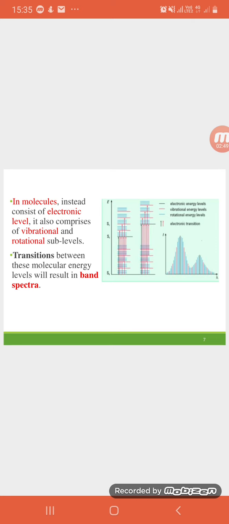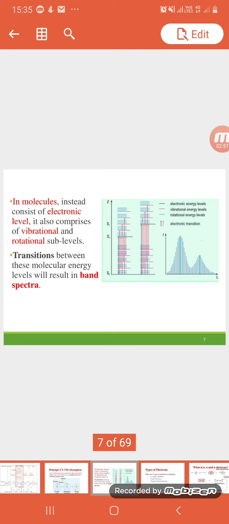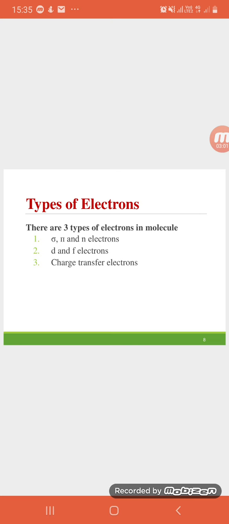If the molecule absorbs the UV visible radiation, this transition will result in the band spectra, as you can see from this diagram. The electron moves from the ground state to a higher energy state or excited state.